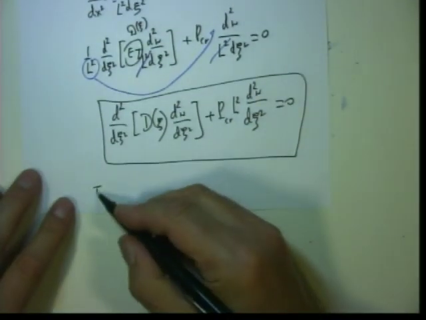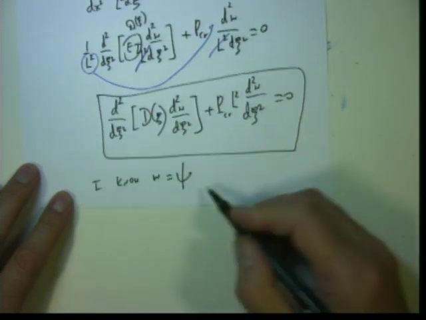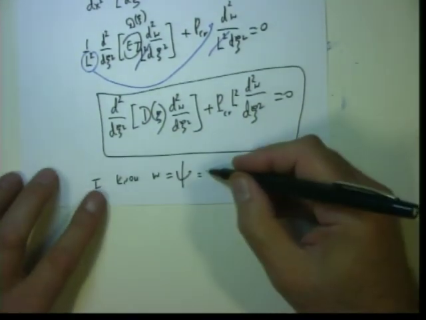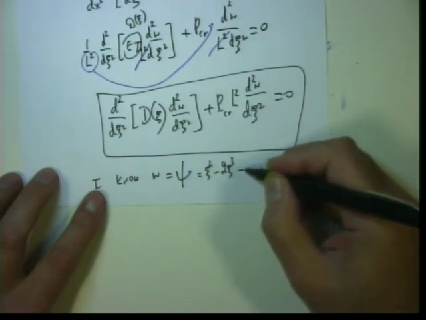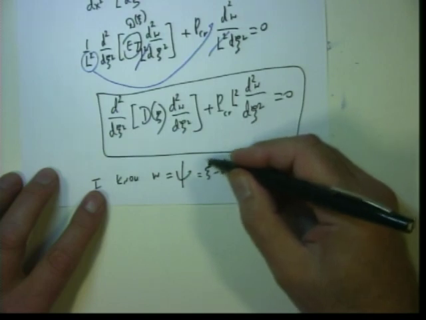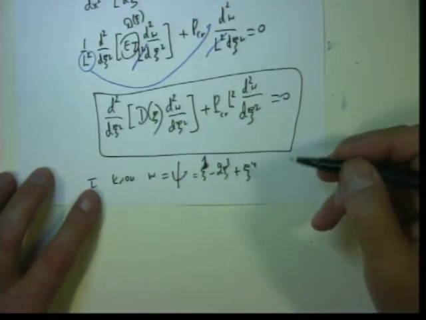And I say that I know w, and that equals psi, and this equals xi minus 2 xi cubed plus xi to the fourth power.